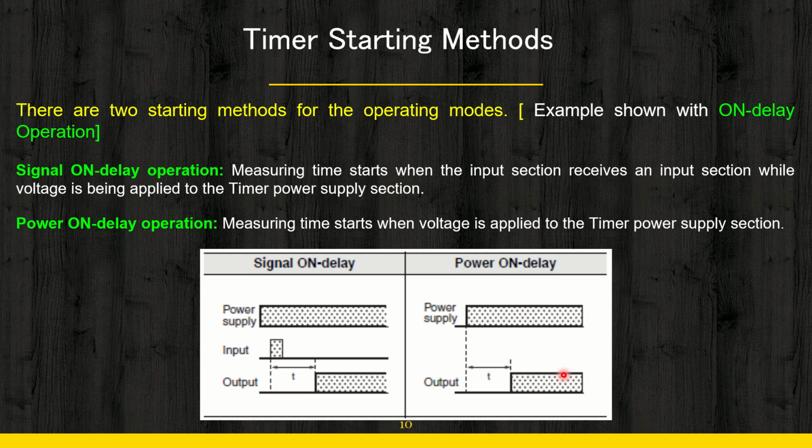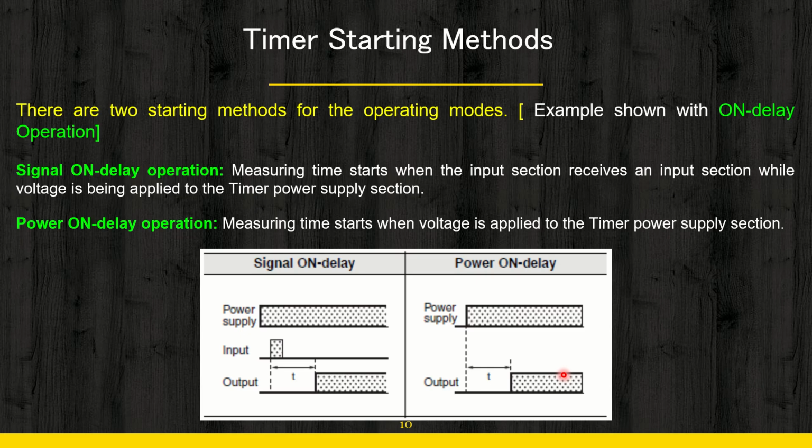In one case you can work with a power on delay, and in the other case you can work with a signal on delay. Since I am talking of this on delay function, therefore I am talking like that. Otherwise it can be a power on starting method or signal on starting method. Very simple.